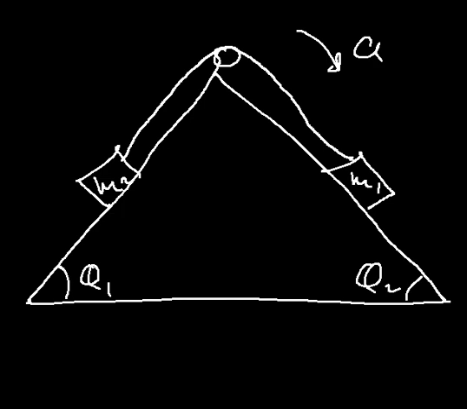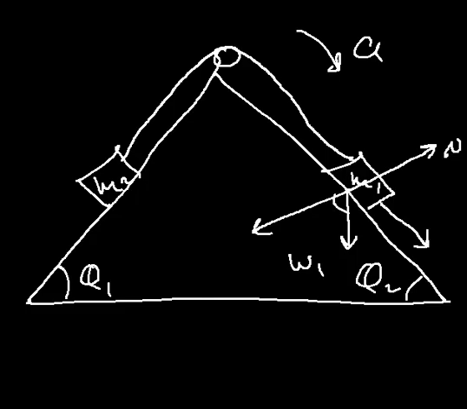So let's analyze the forces acting. We have the weight 1, and the normal force going up like that. This is angle theta 2, and this is the weight 1 cos theta 2, and this is weight 1 sin theta 2.